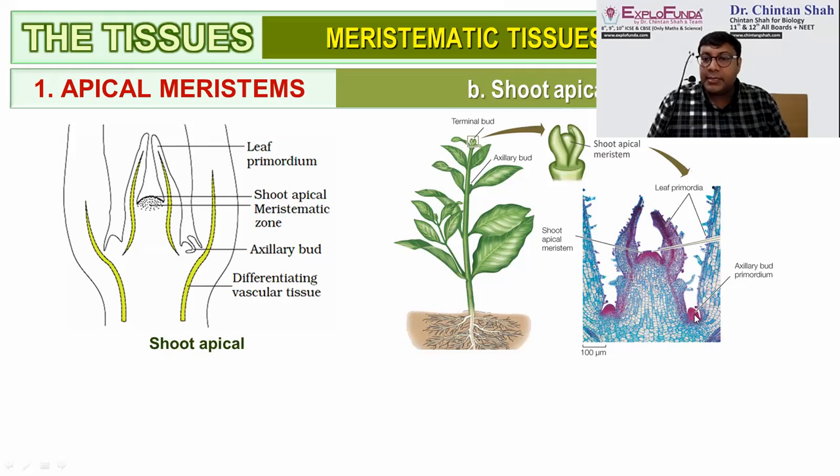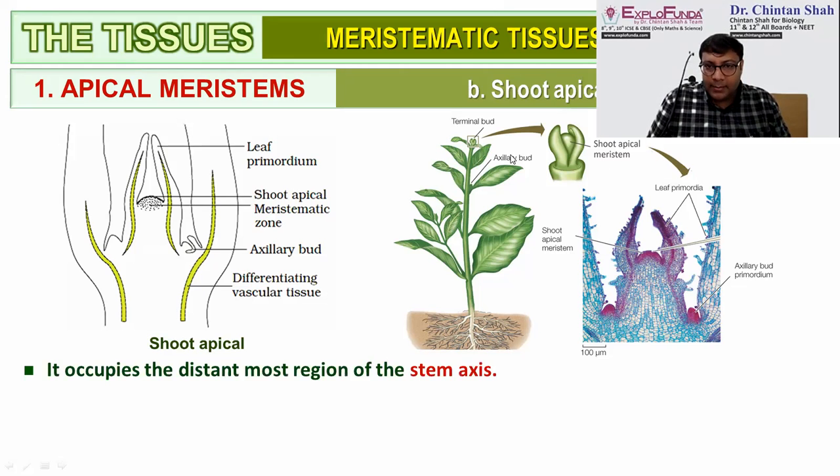Primordium means a primitive structure, which will give rise to a future axillary bud. So the future axillary bud will be over here. Then this is shoot apex. And axillary bud is over here. Leaves are arising from here. That's it.